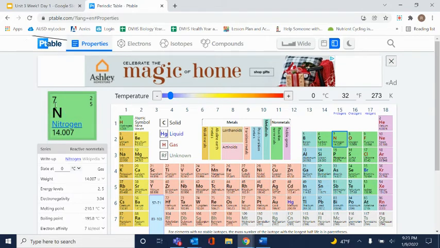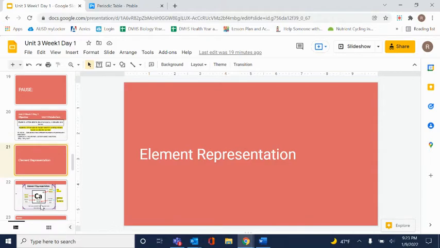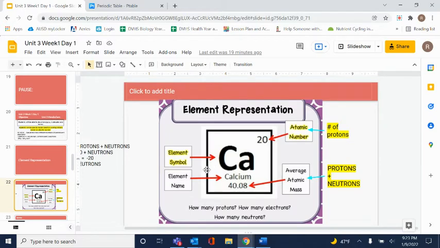It's symbolized by an N. Elements are really represented by these little squares, and if you haven't already written down where everything is on an element box, you can do that now.